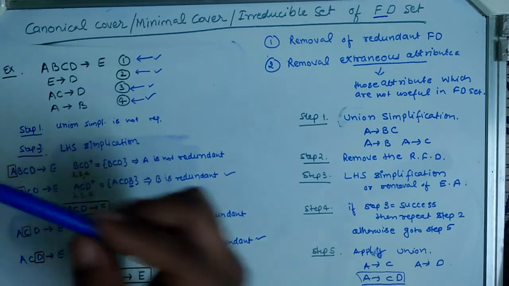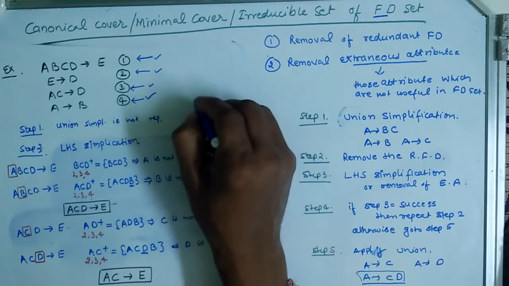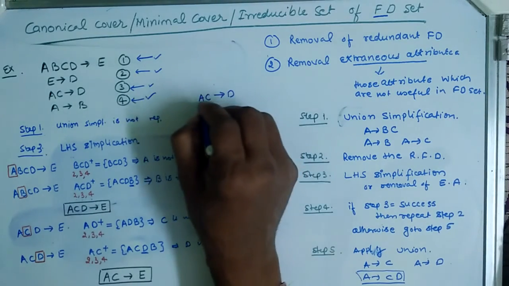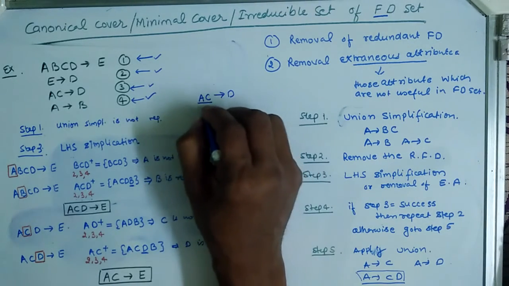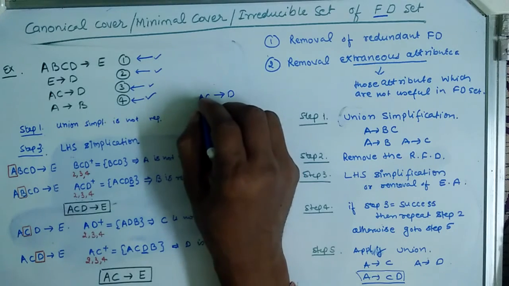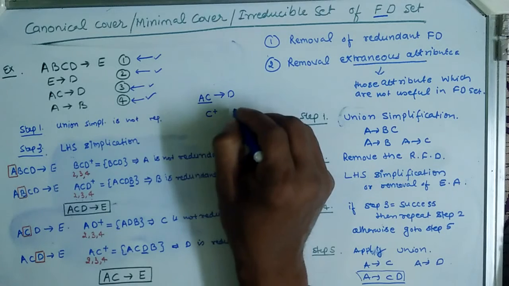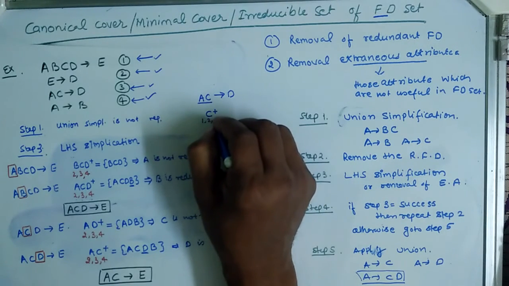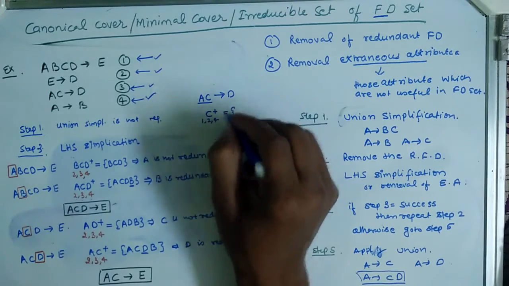So in this AC tends to D, when we apply the LHS simplification, I will write here: AC tends to D. To find the extraneous attribute in this functional dependency, we will hide the A and find the C closure from equations 1, 2 and 4, and look for the A in the C closure.